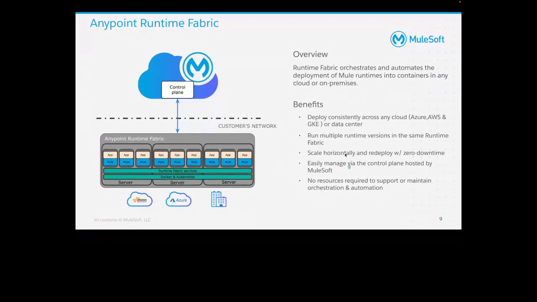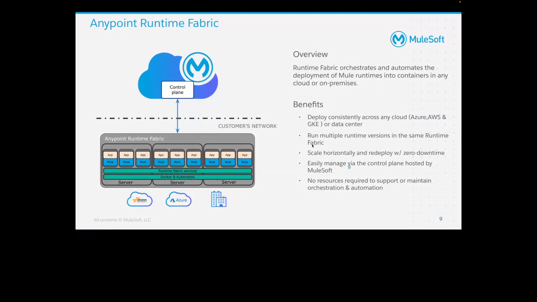Next, if you look at the benefits of Runtime Fabric, you can deploy consistently across three different cloud flavors for now: Azure, AWS, GKE, or a data center. More cloud flavors are to be supported in the future roadmap of this product, but for now these three are supported: Azure, AWS, and GKE.